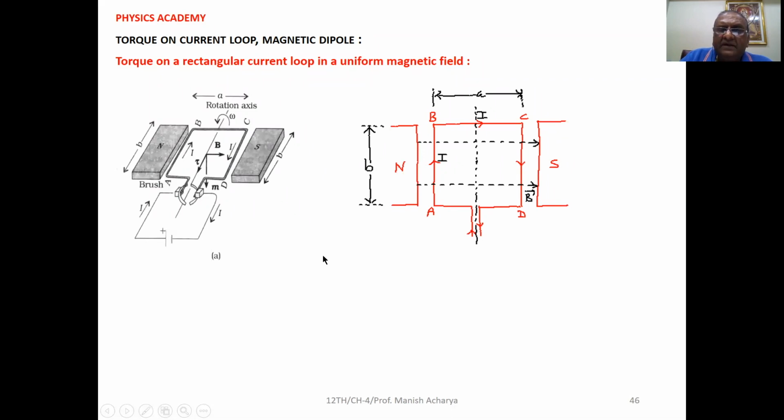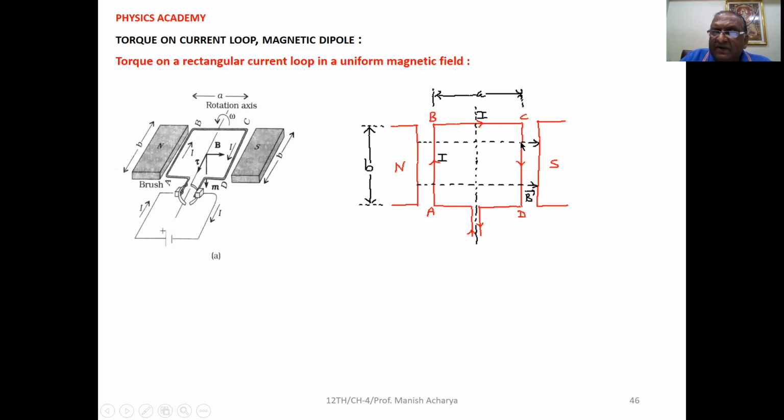Okay. See, here two magnetic poles, north and south, produce the uniform magnetic field in the direction as shown in the figure.